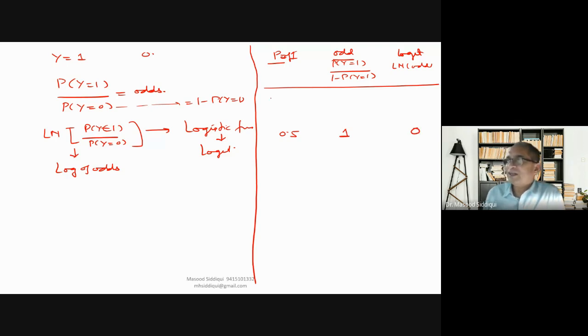Now, if the probability of happening is less than 0.5, the numerator is less than 0.5 and the denominator is more than 0.5, so this value would be less than 1, and the log would be less than 0, or negative.